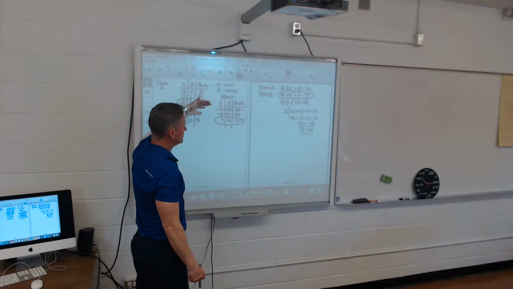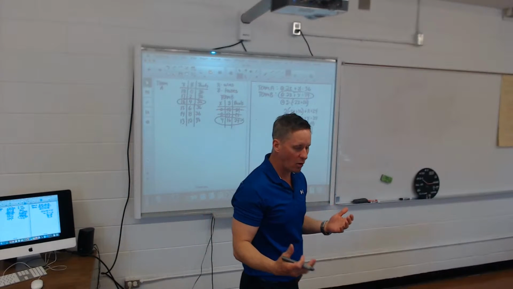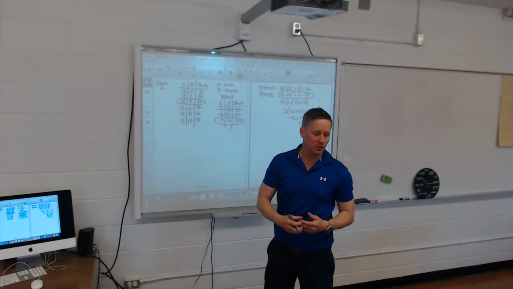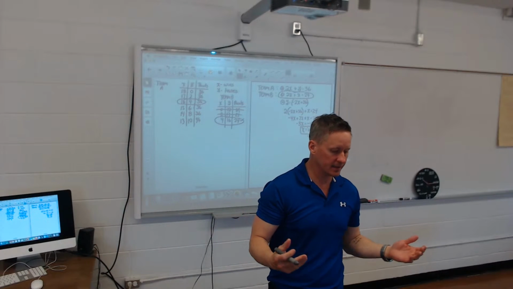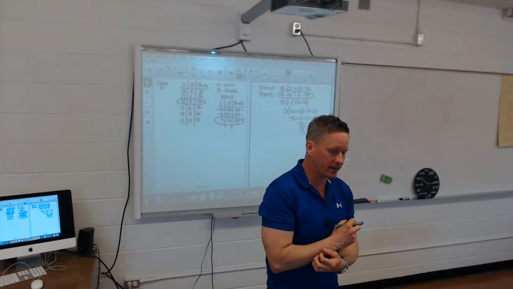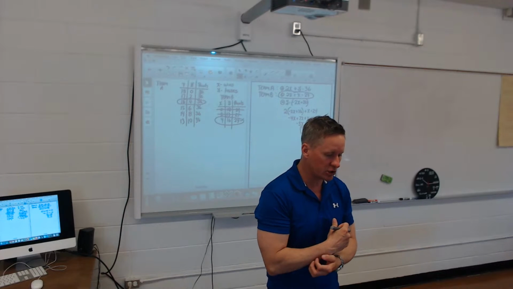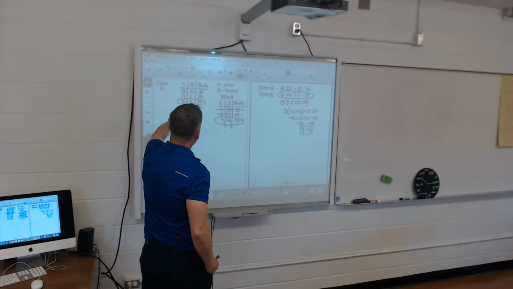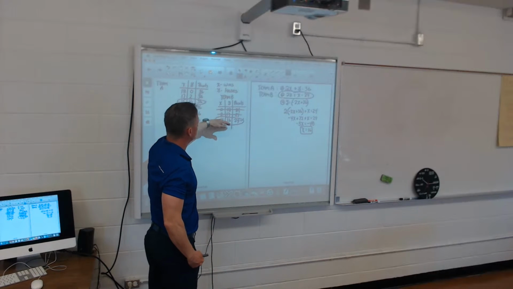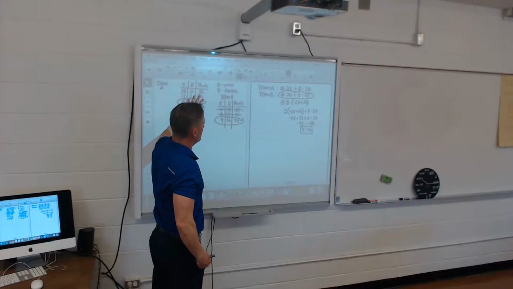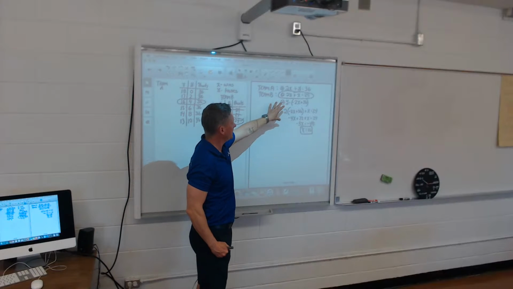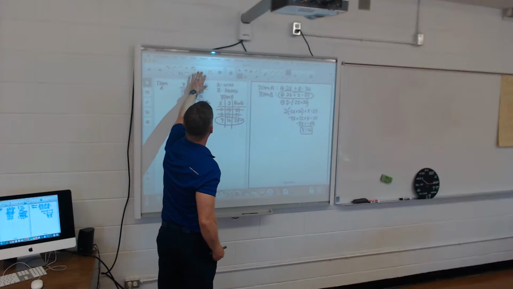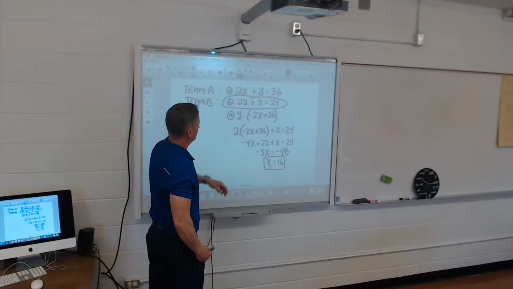So what I can do, and this is a great learning moment, is when I'm struggling with something, a table of values when it comes to graphing is one of the best methods to bail me out when I'm not really sure what the equation is going to look like. Okay? So just by going through the table of values and working it through, it kind of gave me an indication as to how that was going to work over here. So from that, we end up with that.